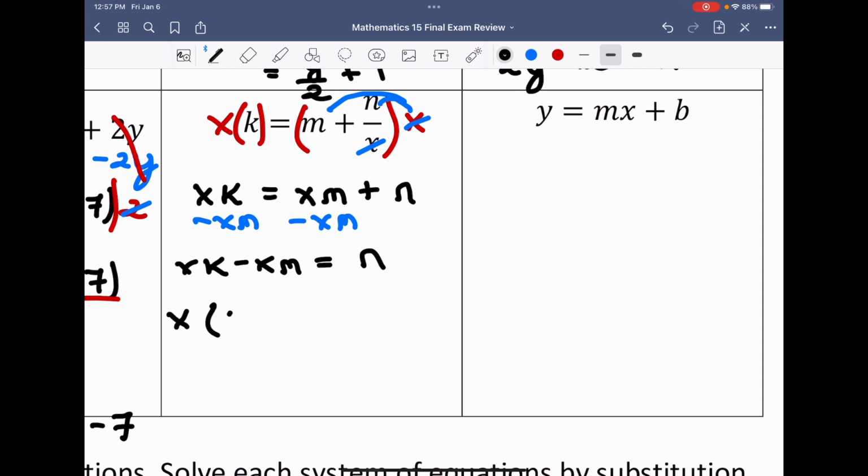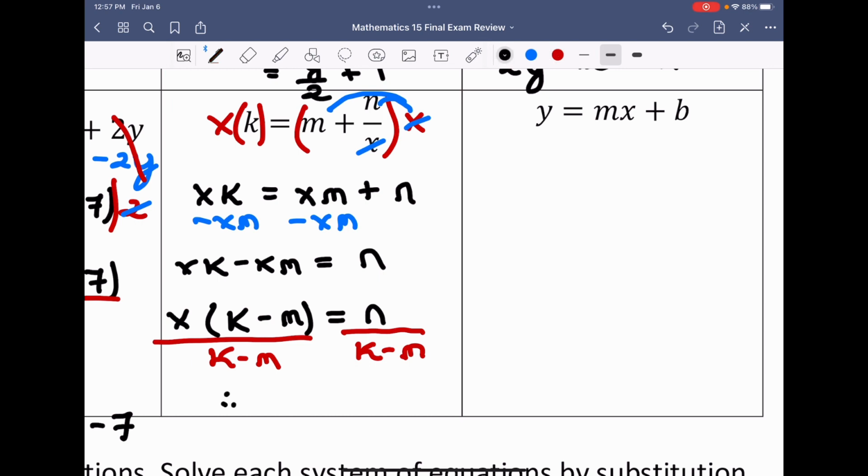X times k minus m is equal to n. And now, if two things are being multiplied like this, what can I do? I can divide. Divided by k minus m, divided by k minus m. Therefore, the value of x here is equal to n over k minus m.